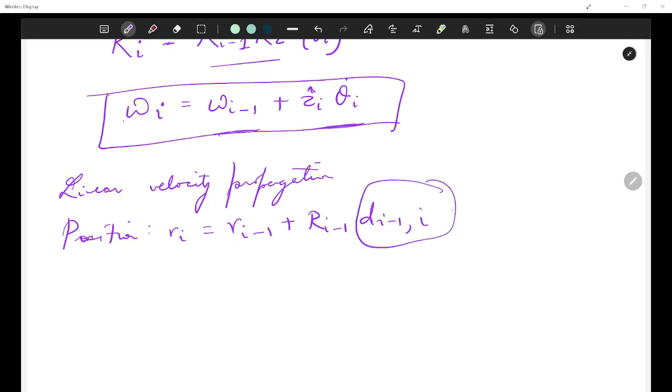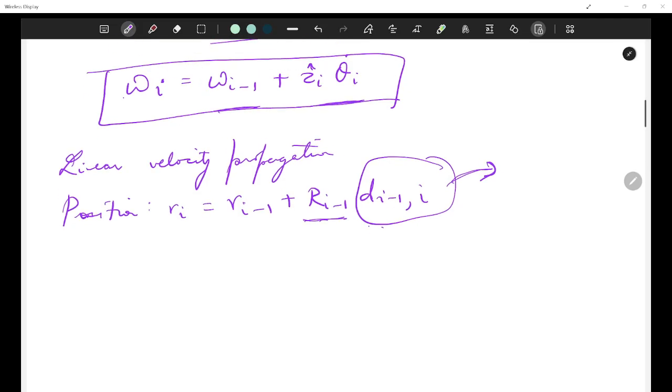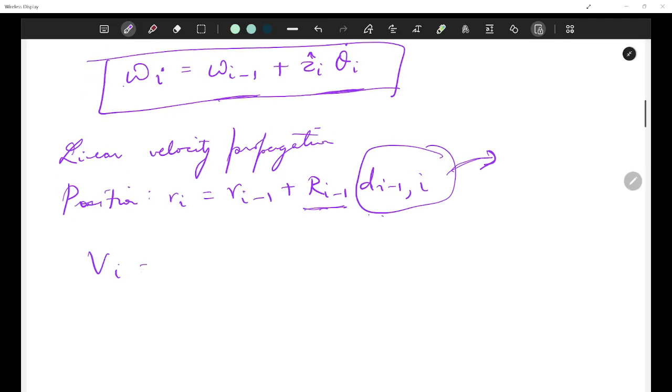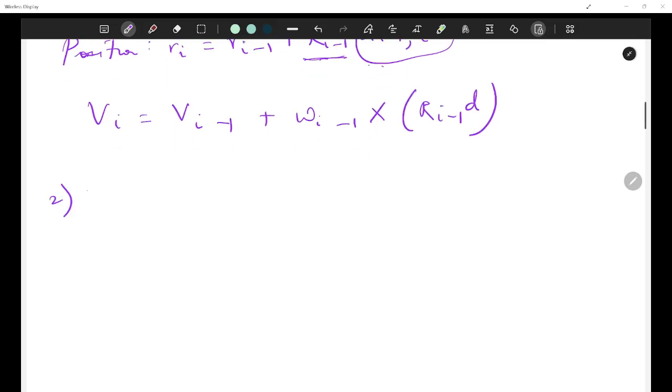This is basically the distance between the two links, the length of the link, or the translation between the links. And that translation cannot be used directly, right? We have to have a rotation matrix. So this is a standard rigid body relation. So for velocity from here we'll get Vi is equal to Vi minus 1 plus omega i minus 1 cross Ri minus 1 into D. Okay, let's talk about prismatic joint.